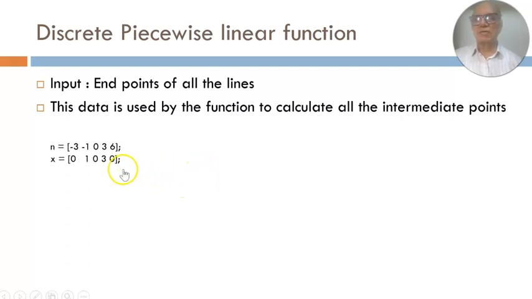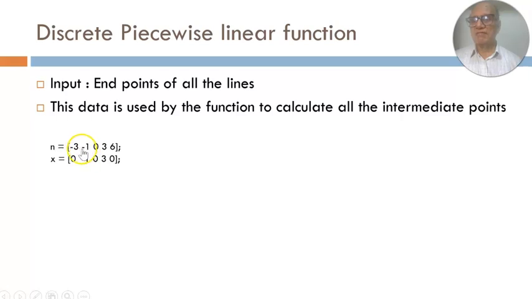So to illustrate this, let us take an example input data. So this is the sample index n. It starts from -3, and note that for the first line the endpoints are: -3 is the index, 0 is the sample value. The next endpoint on the line is -1, and at this point the sample value is 1.